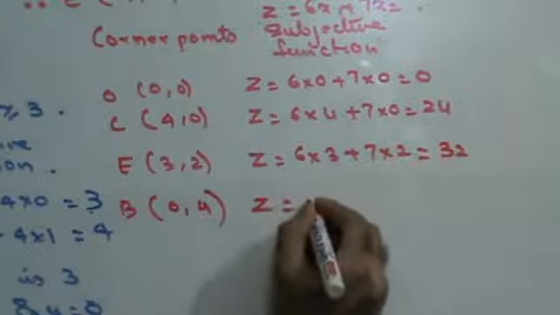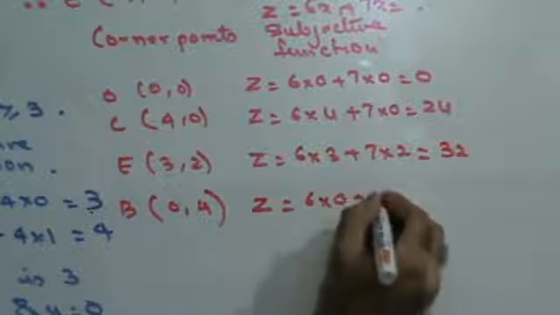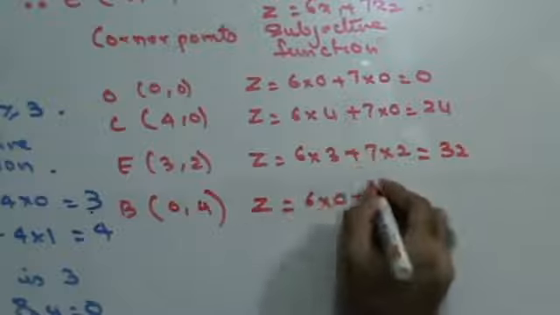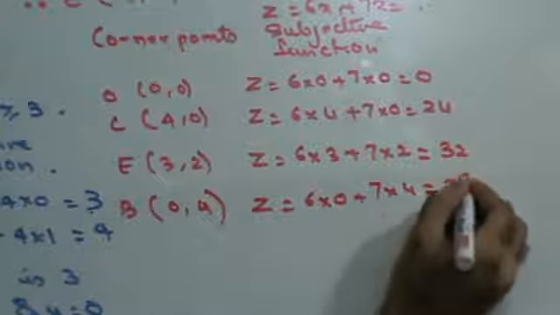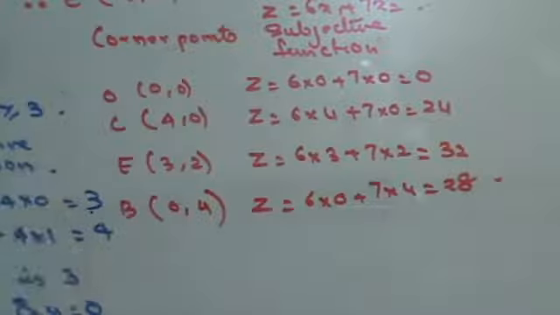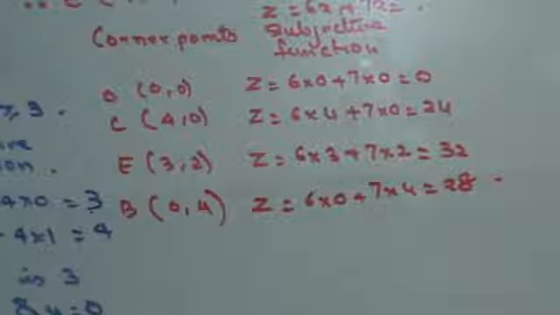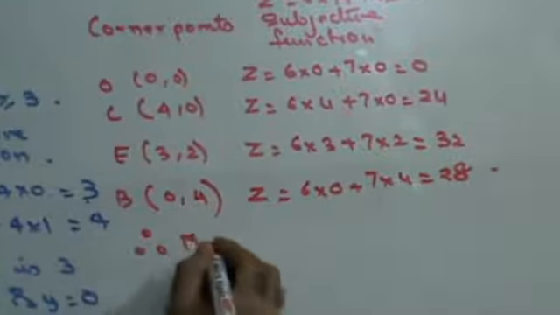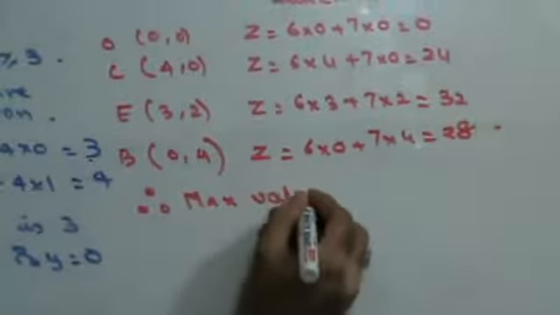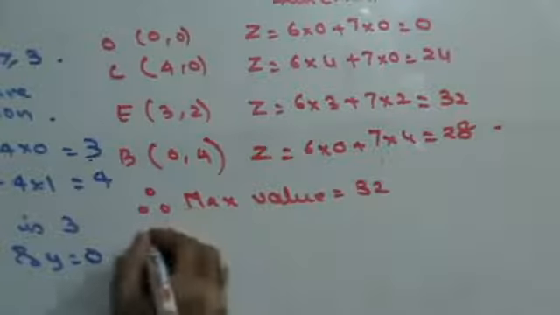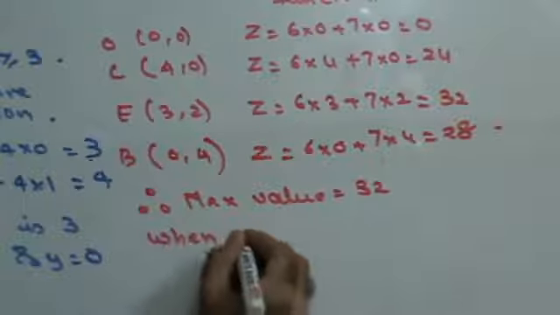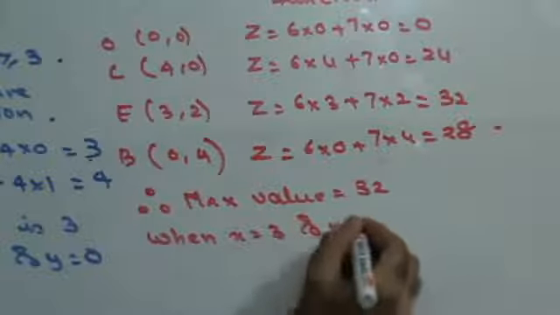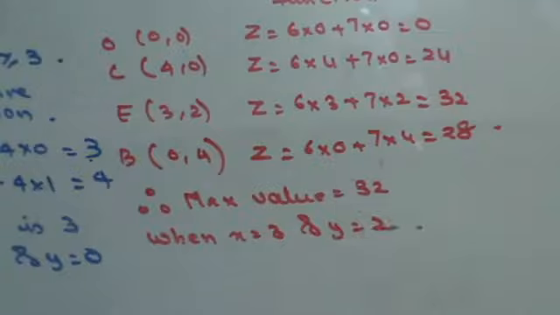And here Z is going to be nothing but 6 into 0 plus 7 into 4, that's 28. Right? The largest value here is 32. So therefore I can say that maximum value is equal to 32 when x is equal to 3 and y is equal to 2. Right? Do we get this thing clear?